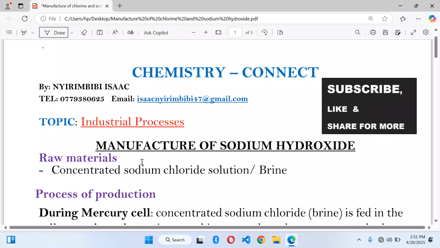The first thing is to identify the product. Today, we're looking at our first product, which is sodium hydroxide. After knowing the product we want to produce, we need to find out the raw materials. What is it that we need to start with? What are the things that this product comes from? Those are the raw materials.